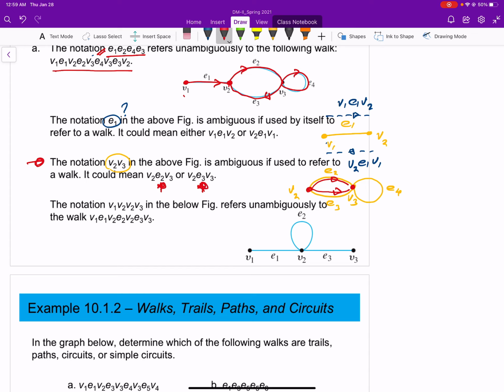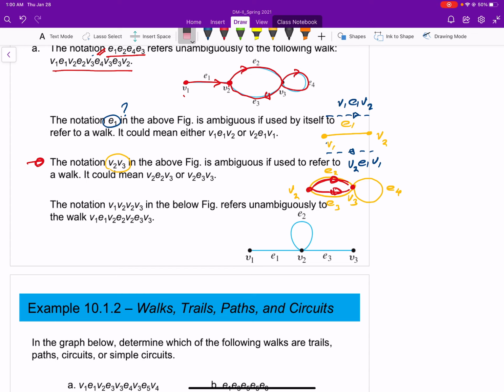All right, so if you are going upward, you could go upward like this, or you could go through the downward edge. Right, so let me mark that.